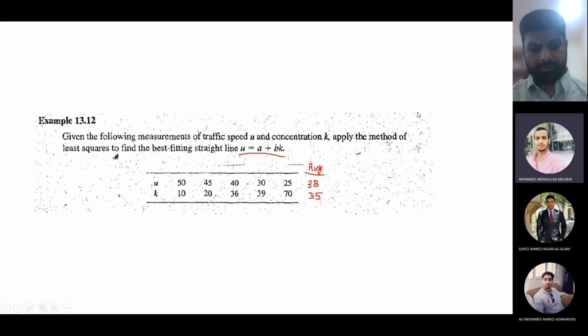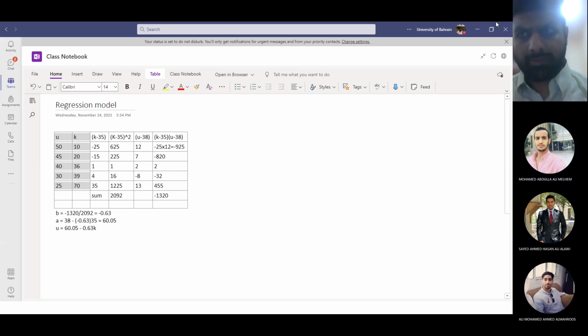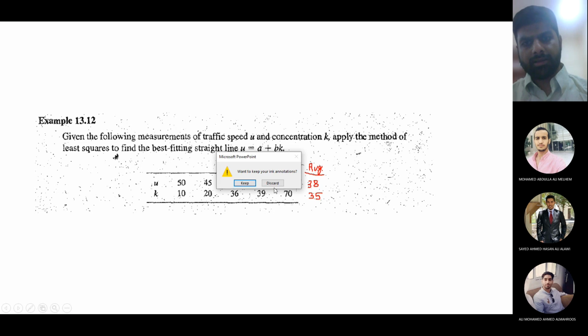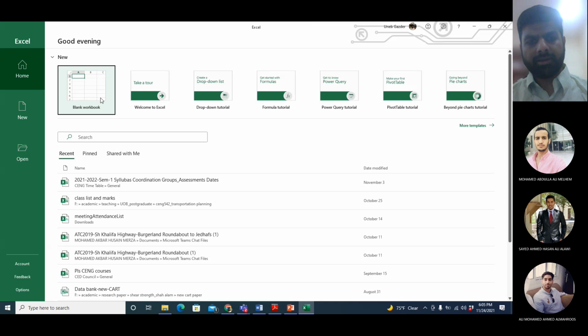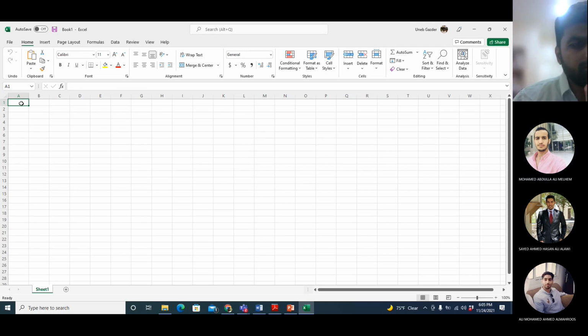I don't remember which. But in finite element we used Excel. Ah, okay. For matrix analysis, yeah, we used Excel. For the numerical, we used MATLAB. Okay.